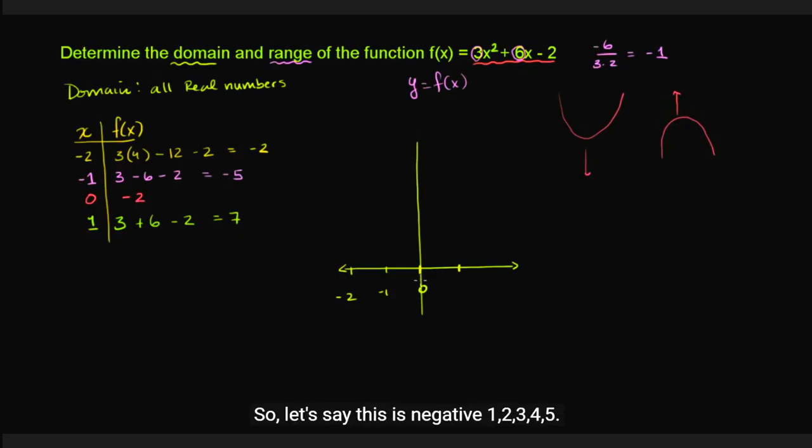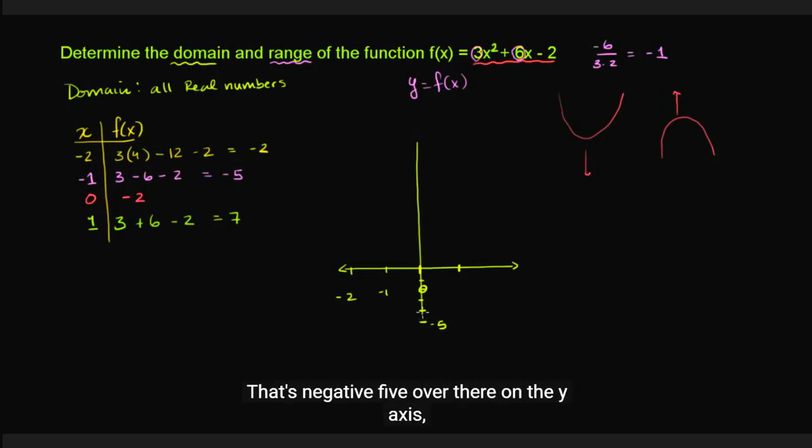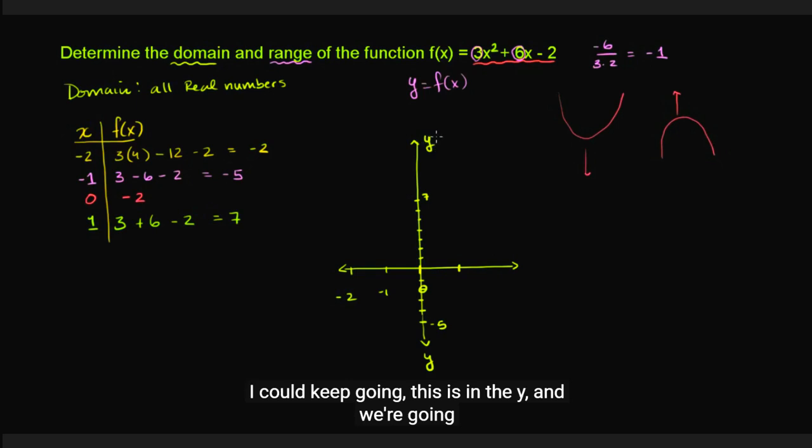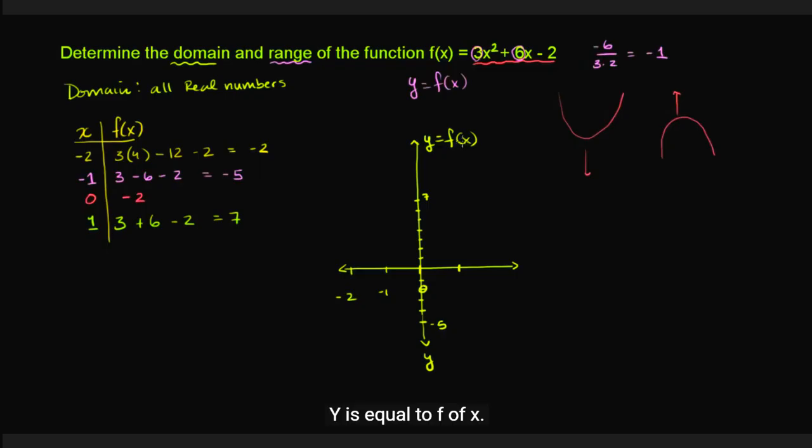So let's say this is negative 1, 2, 3, 4, 5. That's negative 5 over there on the y-axis. And then let me go to positive 7: 1, 2, 3, 4, 5, 6, 7. I could keep going. This is the y, and we're going to set y equal to whatever our output of the function is. Y is equal to f of x, and this is 1 right here.